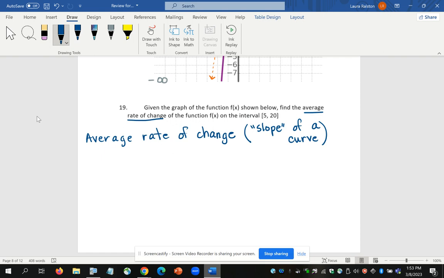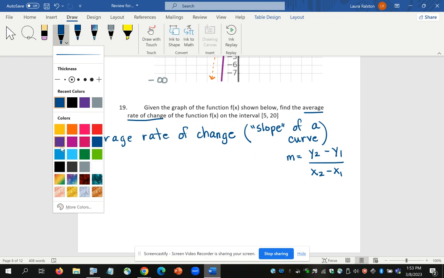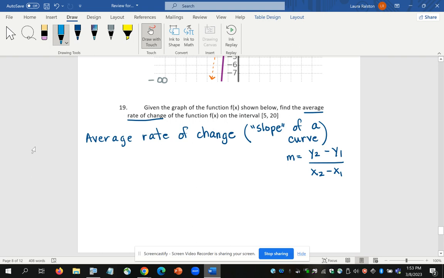And it's a formula. Now the formula looks wonky, okay? But if you think about the slope, it is y2 minus y1 over x2 minus x1. The formula for the average rate of change is very similar to that. It just uses different notation.